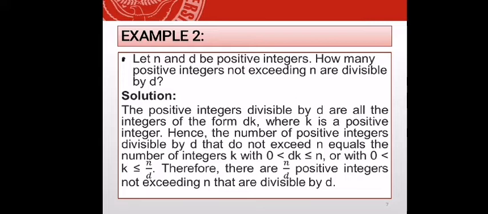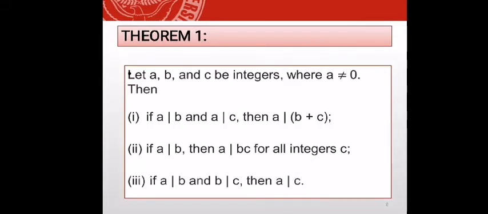Hence, the number of positive integers divisible by d that do not exceed n equals the number of integers k with 0 less than dk less than or equal to n, or with 0 less than k less than or equal to n/d. Therefore, there are floor of n over d positive integers not exceeding n that are divisible by d.